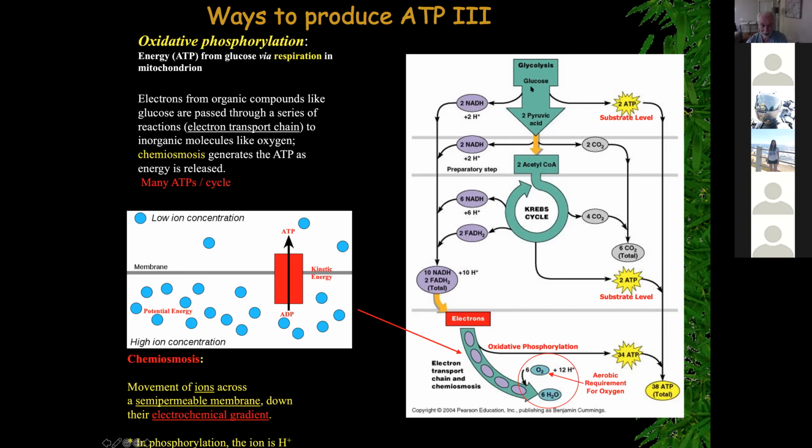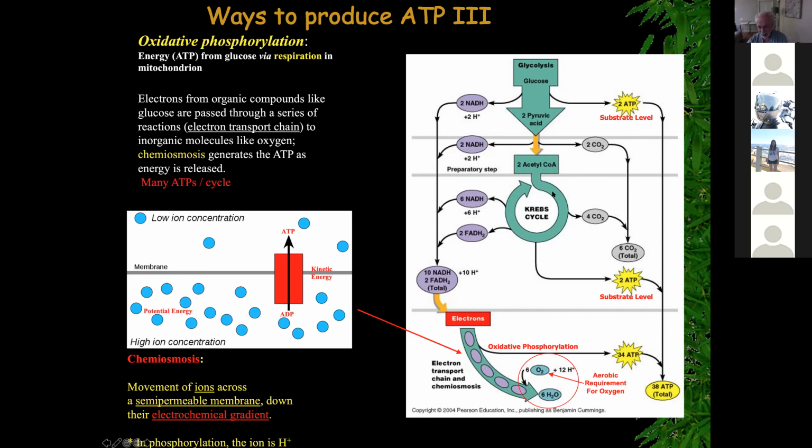Now, glycolysis also yields reducing power. Reduced electron carriers, 2 NADH plus 2 protons. Conversion of pyruvate to acetyl-CoA gives 2 more NADH, 2 more protons, and a carbon dioxide molecule is released. In this case, 2 of them at this step.